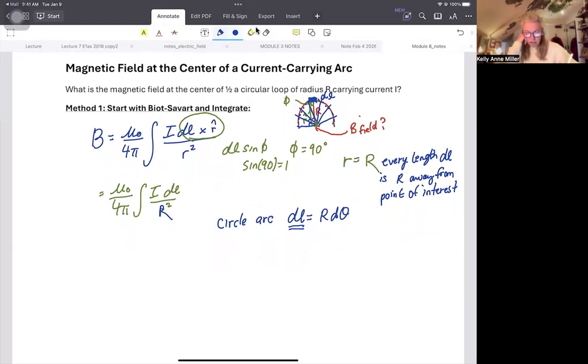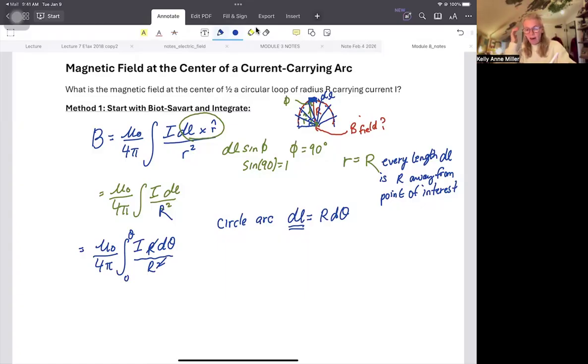Okay, so this is just going to simplify down to mu naught over 4 pi, and then it's going to be the integral of I R d theta over R squared. Now I can cancel this R with one of these R's, and I can integrate from 0 to theta, over the angle that I'm interested in.